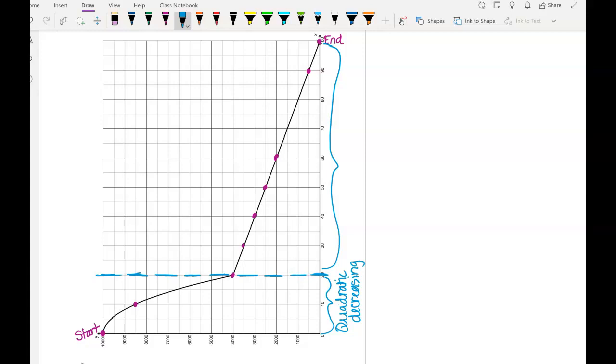And then from 20 to the end, what type of function do we think we have there? It's linear with a negative slope, or decreasing.